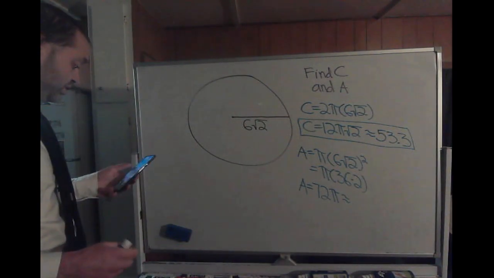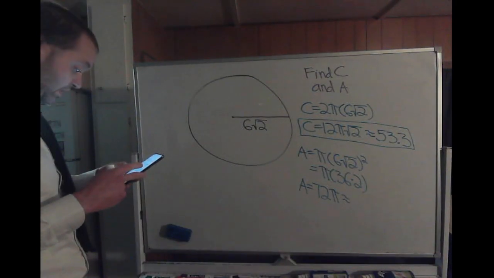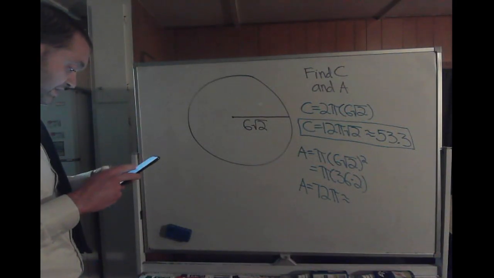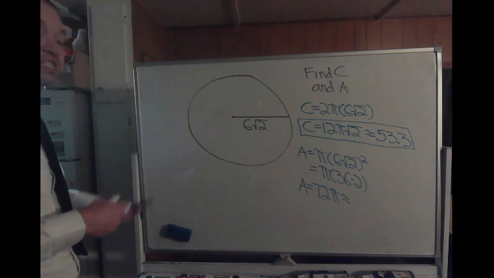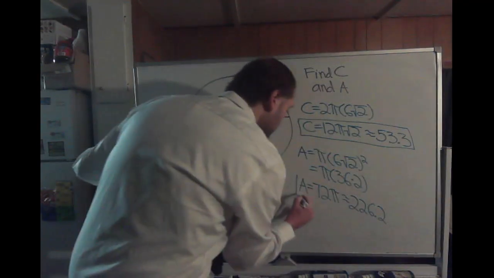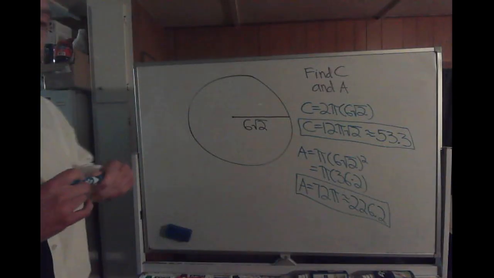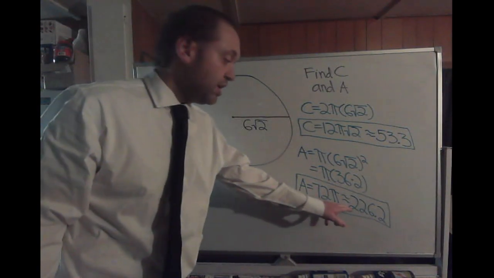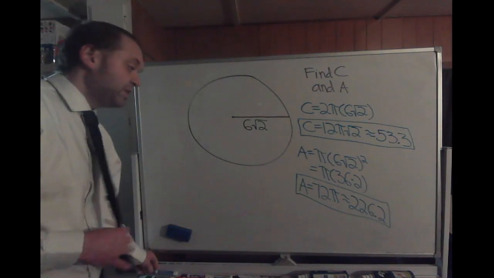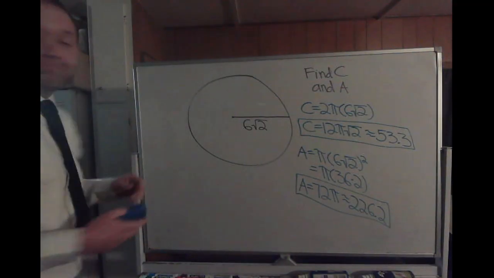So let's go ahead and do that. 72 pi is approximately 226.2 square units. So the area would be exactly 72 pi square units, or approximately 226.2 square units.